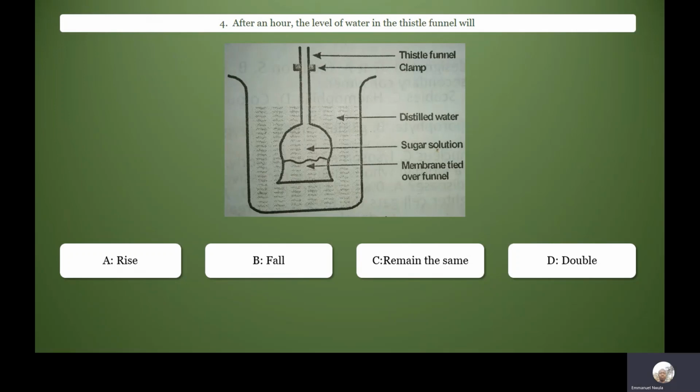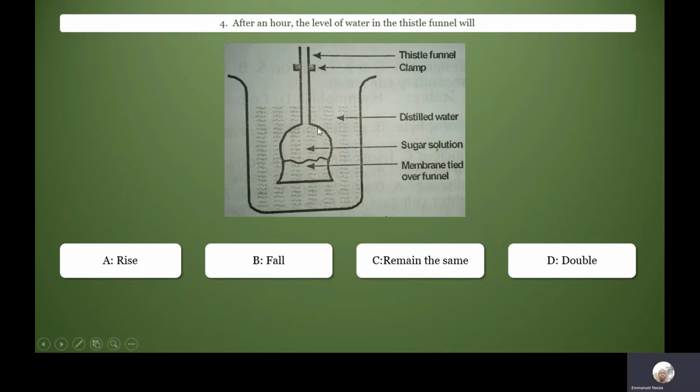Of course, you know, water always moves to a place where you have more solutes. It moves from dilute solution to more concentrated solution. So water will be moving from the distilled water into the sugar solution.